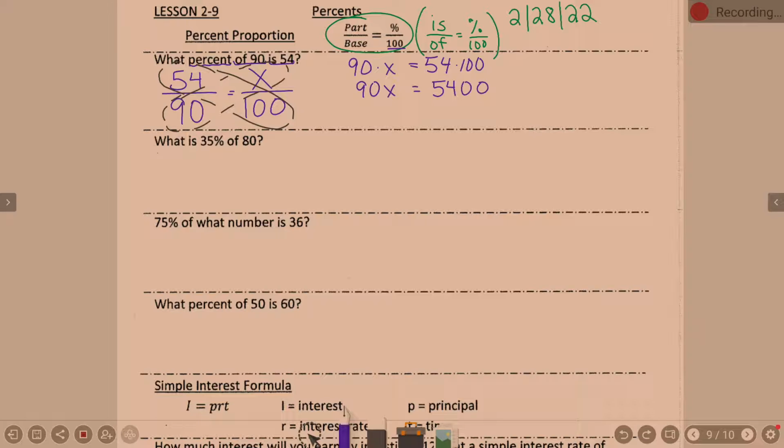If it's 90 times x, to get just x, we're going to divide by 90. 5,400 divided by 90, 60. 60 what? Percent. And how do I know it's a percent? Because it said what percent?